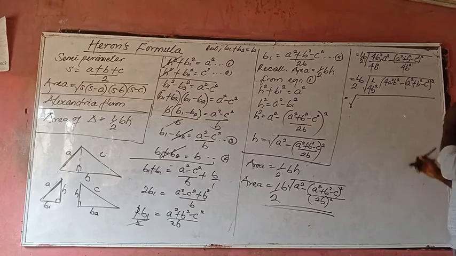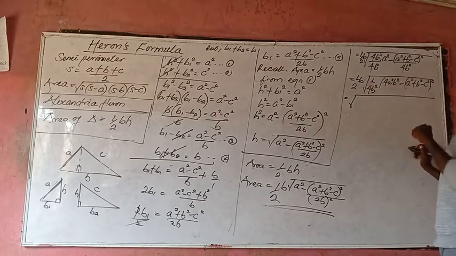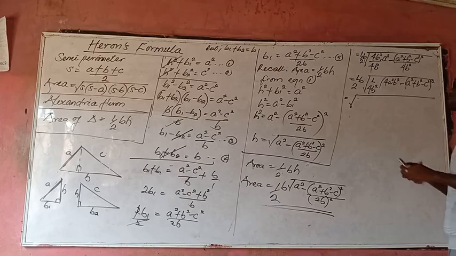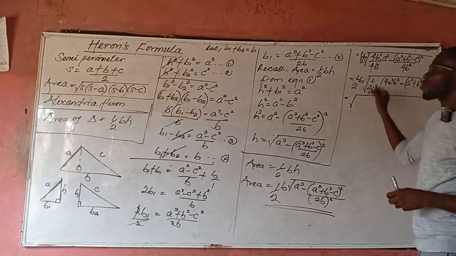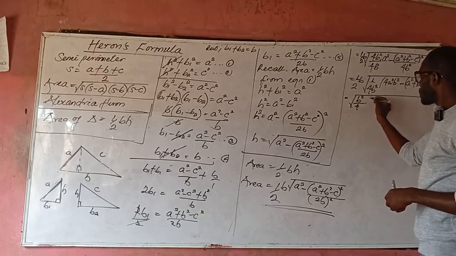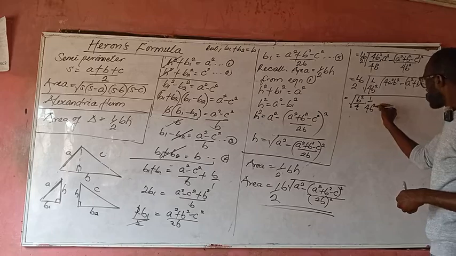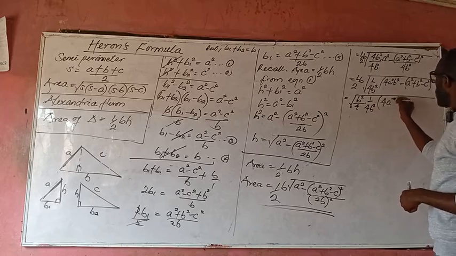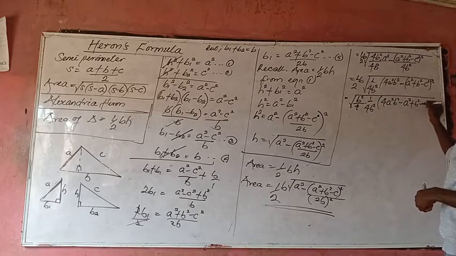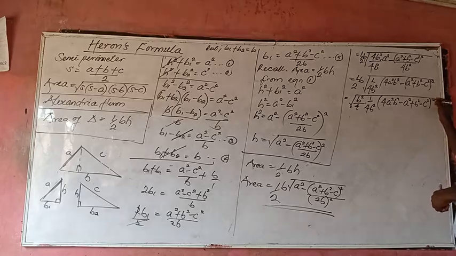As in, it has to be 4 when it gets here, so that the square root of 4 will now be 2 outside. Make sense? Alright, so b will also be squared, so it will be b squared over 4 times 1 over 4b squared multiplied by 4a squared b squared minus a squared plus b squared minus c squared all squared. Is it making sense?